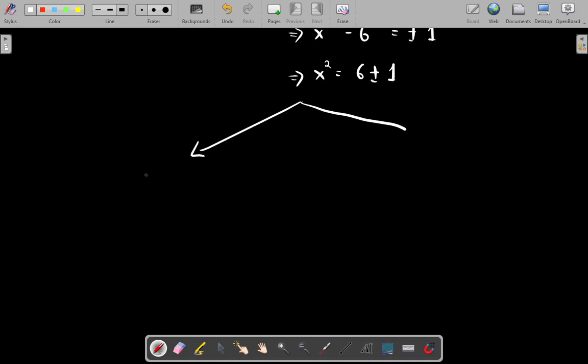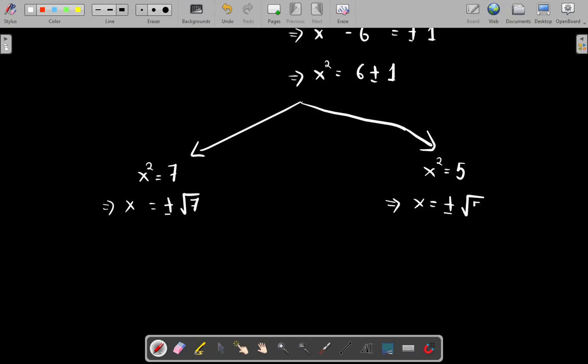Okay, one is x square equal to 6 plus 1, which is 7, and the other root is x square equal to 6 minus 1, which is 5. Okay, both have real roots. X can take the values of plus or minus square root 7. Okay, and from here x can take the values of plus or minus root 5.